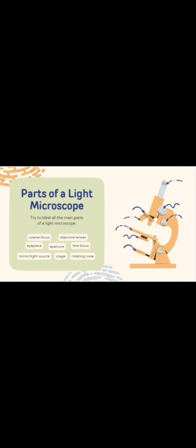So according to this diagram, the first one is eyepiece, then the next arrow is coarse focus, after that it is fine focus, then objective lenses, rotating nose, after that there is a stage upon which you are going to put the specimen, aperture, as well as the mirror installed in this diagram given in your slides.